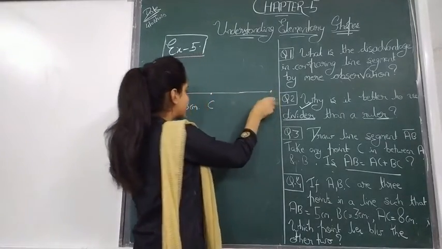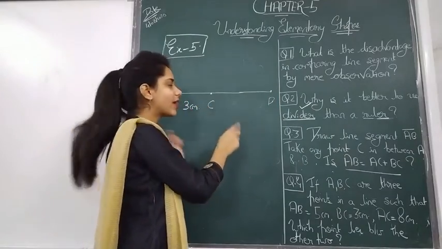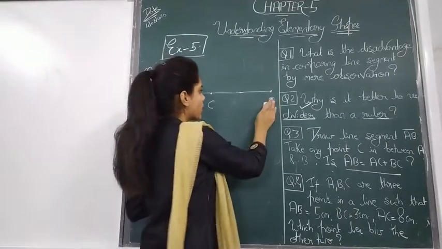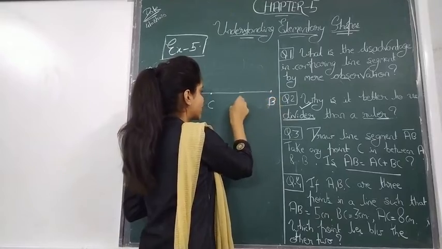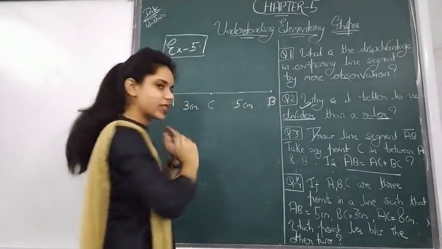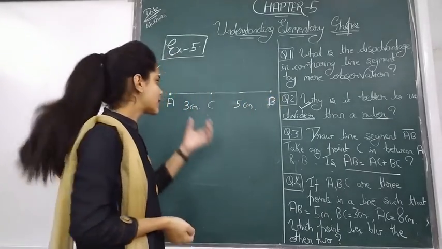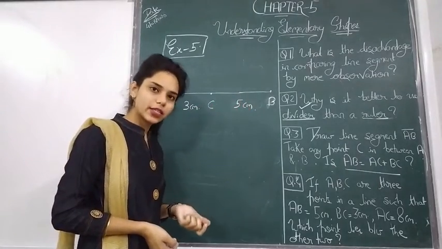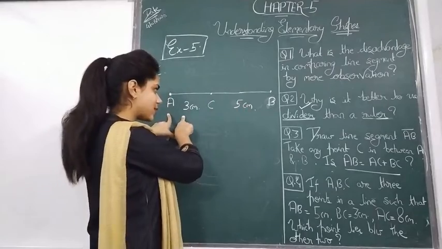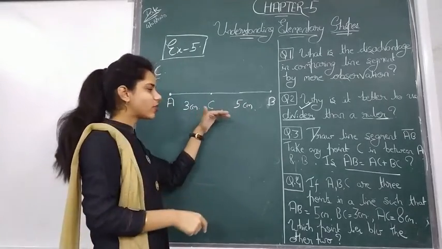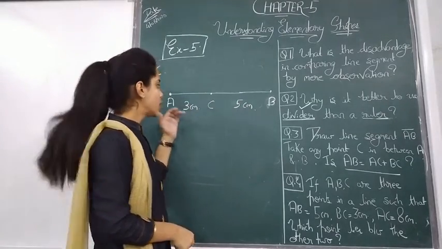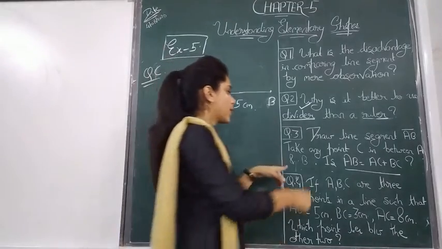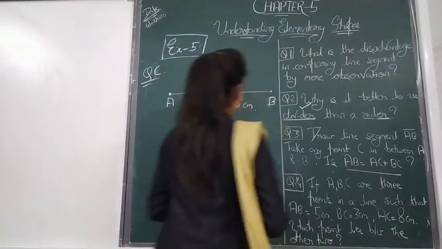Suppose I am taking this 5 centimeter and this 3 centimeter. Understood? This length is up to you. So I took 3 centimeter and 5 centimeter. I am drawing without the ruler. Now, is AB equals to AC plus BC?